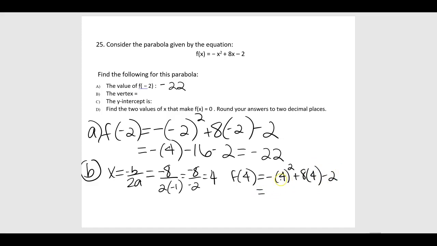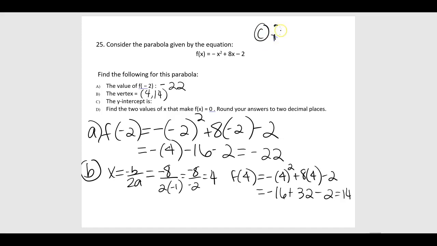So 4 squared is 16 times the negative is negative 16 plus 32 minus 2. So negative 16 plus 32 is positive 16, and then minus 2 will be 14. So that means your vertex is going to be 4, 14.